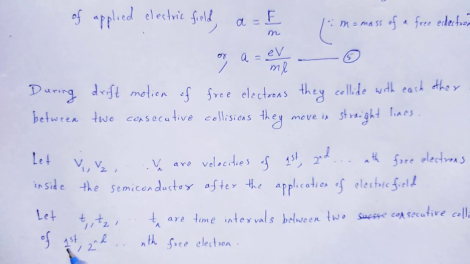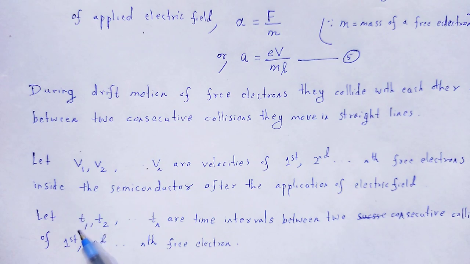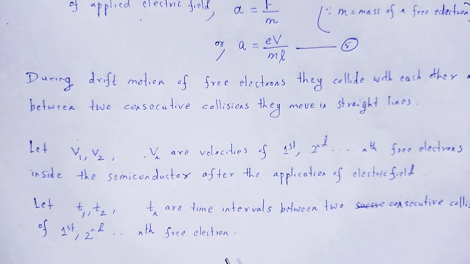The collision of first electron has the time difference T1, next second one has time difference T2, like this.